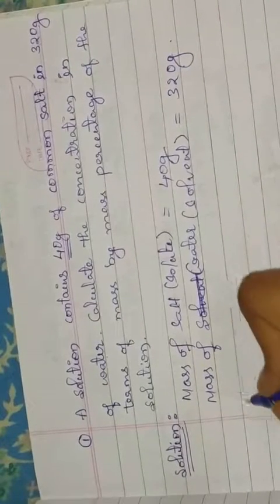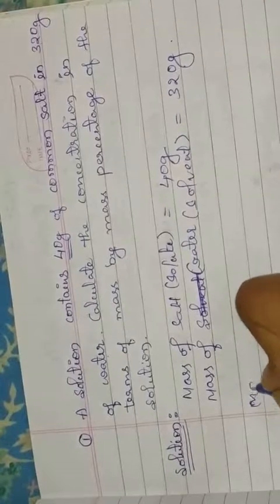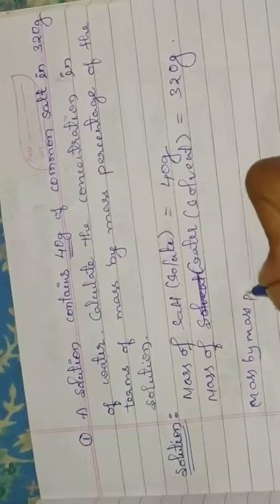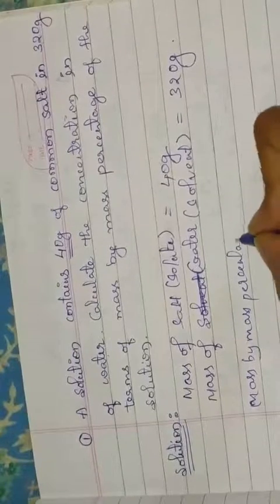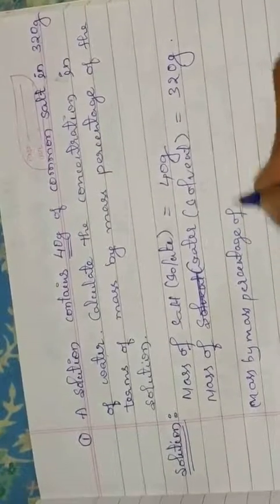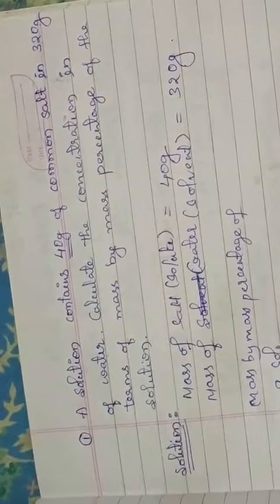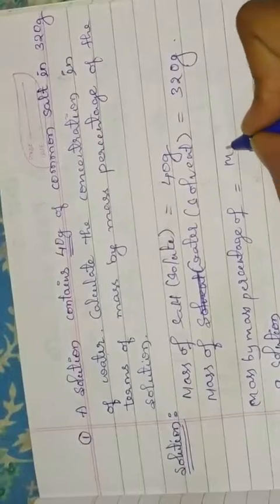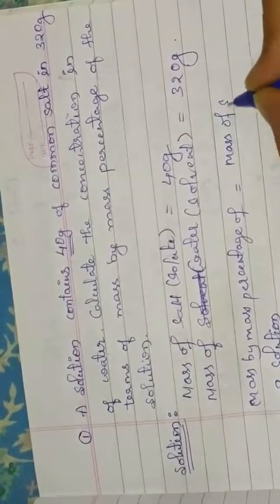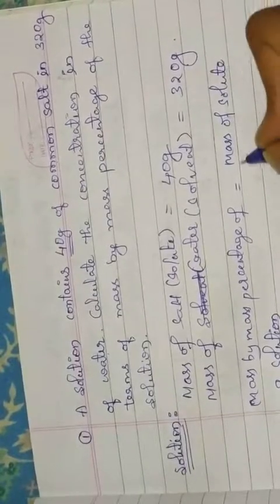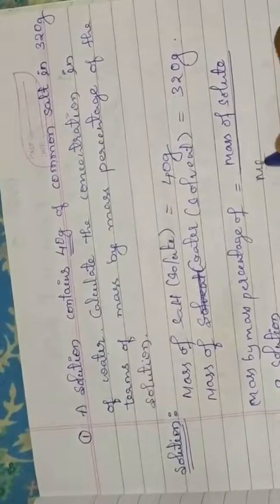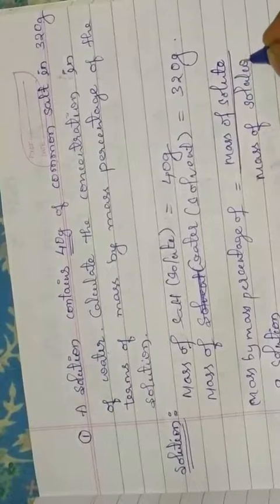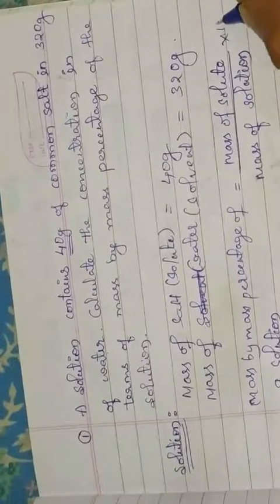Therefore we have to use the formula: mass by mass percentage of a solution is equal to mass of solute divided by mass of solution, into 100.